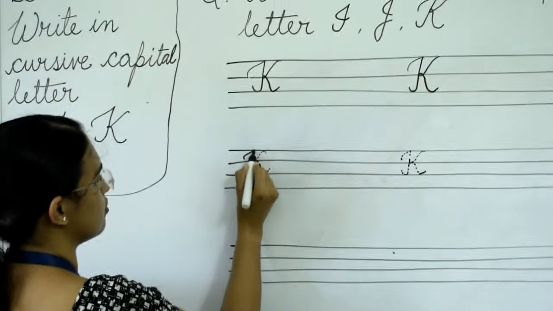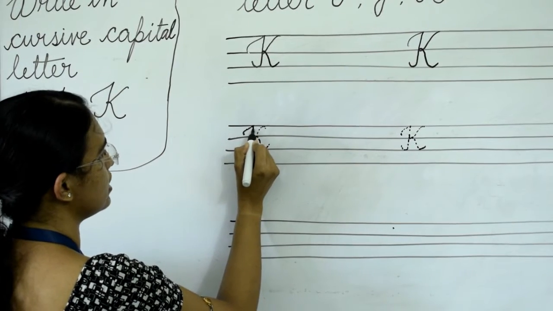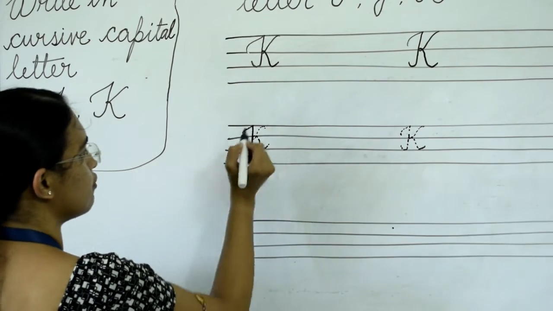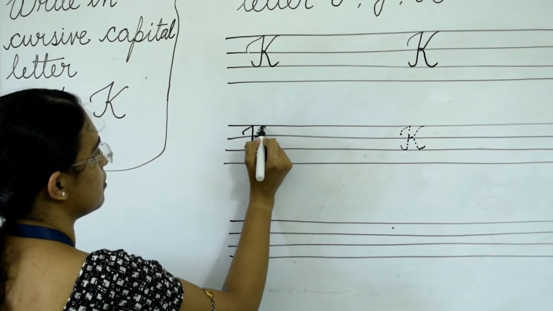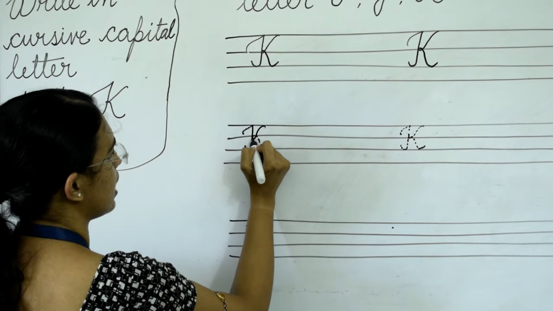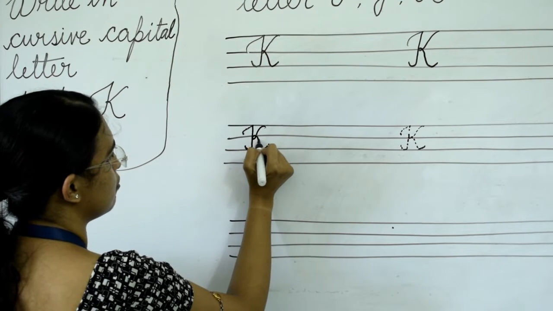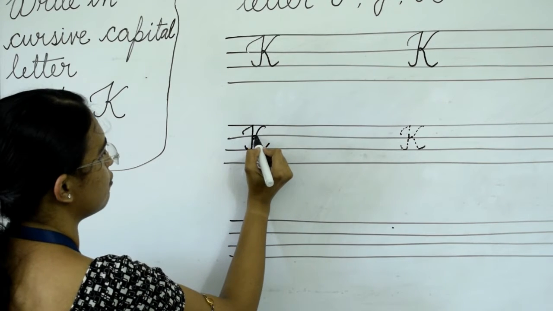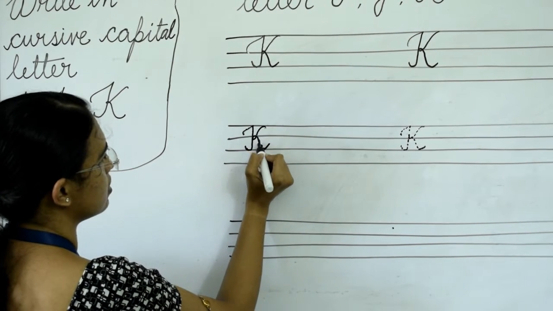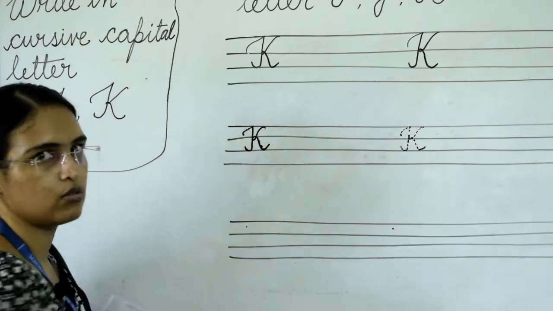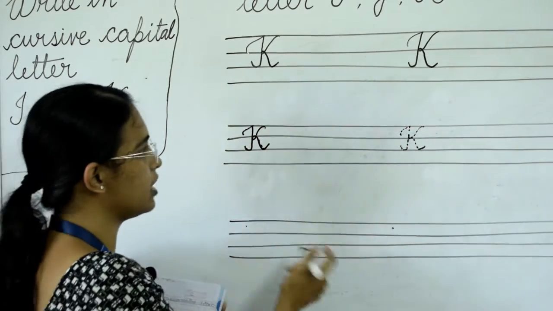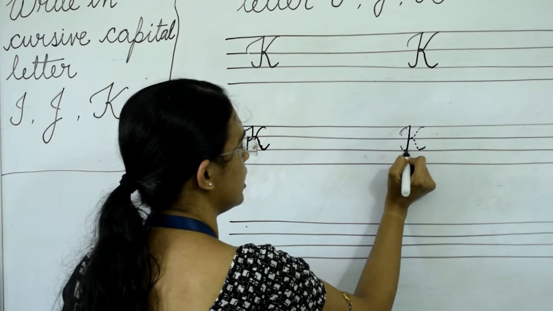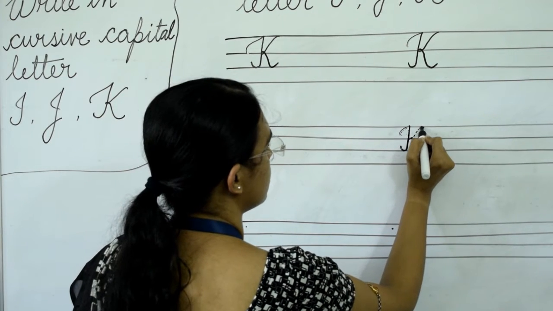Draw a curved line, then a straight line, then again a curved line like this, and after that make two legs like this. One is up and another one is down. From here you have to make a curved line like this, then you have to go down. Okay, this is cursive capital letter K.